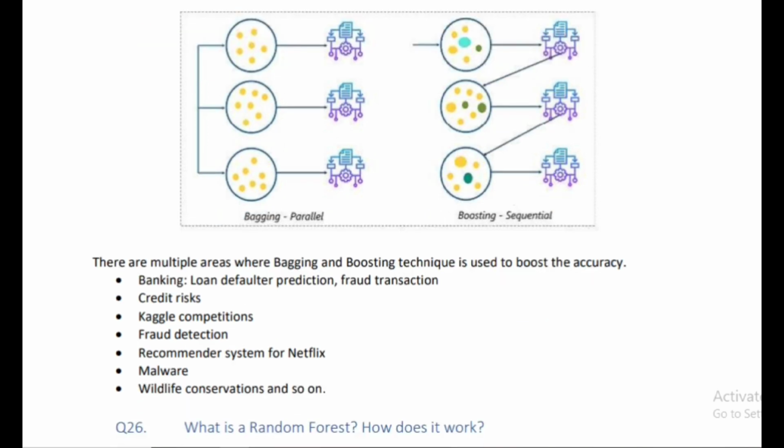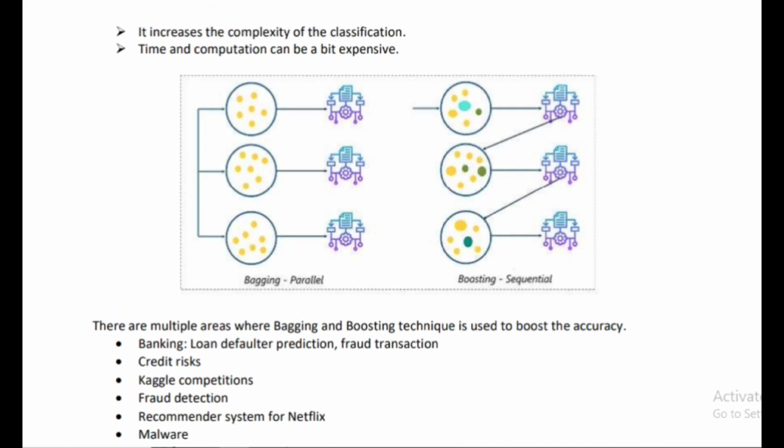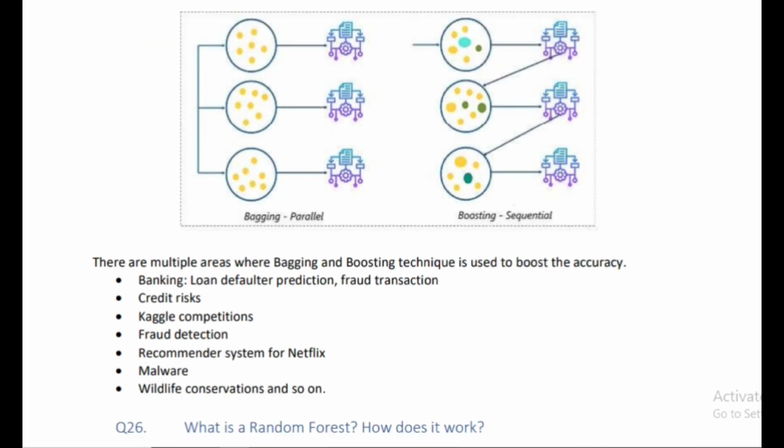There are multiple areas where bagging and boosting techniques are used to boost accuracy: banking, loan defaulter prediction, fraud transaction, credit risks, Kaggle competitions, fraud detection, recommender systems for Netflix, malware, wildlife conservation, and so on.